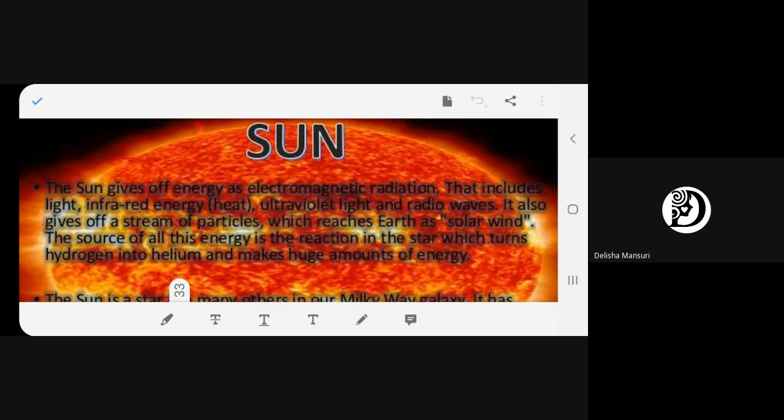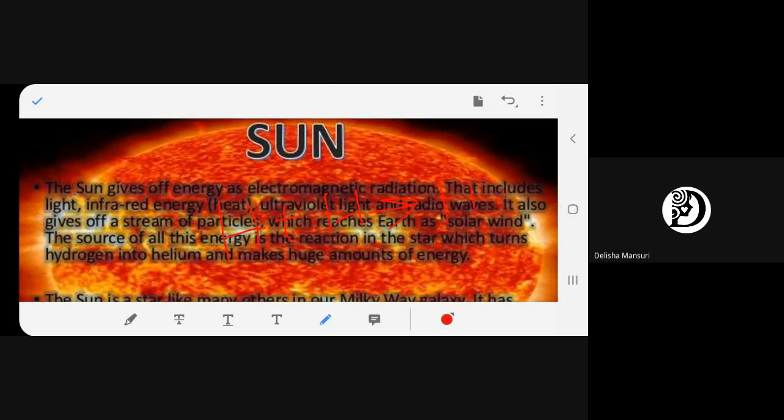Okay, remember this source of heat comes from where? How is it possible? Because certain reactions are happening in the star, the sun. We know that the sun is made up of hydrogen gas. So what happens is hydrogen gas unites by nuclear fusion. What is this called? Nuclear fusion.